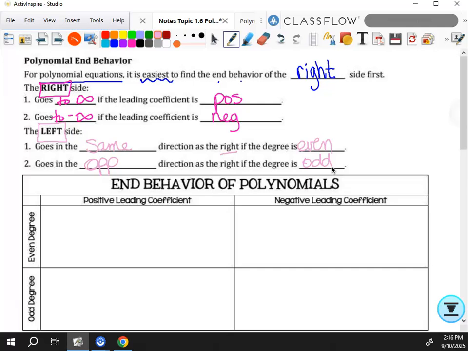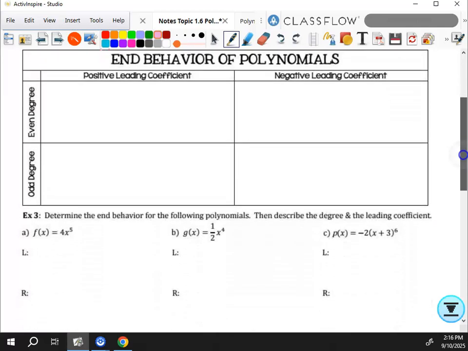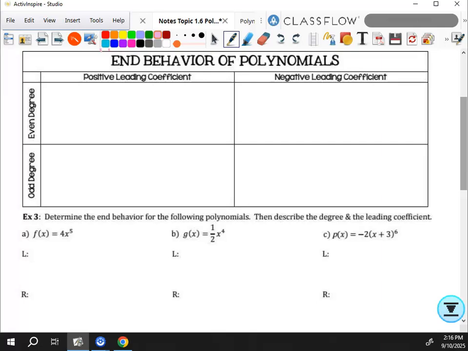So then let's look at this. If I have a positive leading coefficient, then the right side goes to infinity, right? Positive leading coefficient, even degree, the left side is the same.